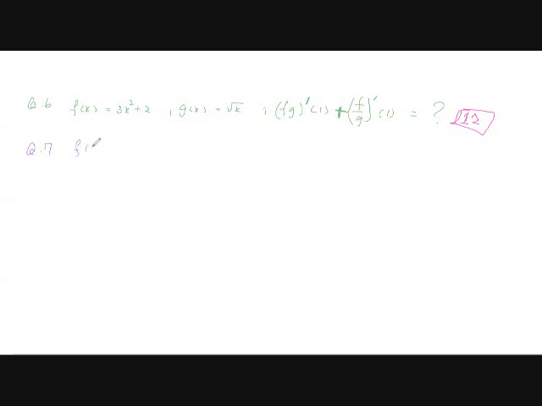Question 7 says f of x equals x squared plus 5x plus 2, and g of x equals (x minus 3) over 2. Then they give function h equals f composite g. So then what do they want to find? Find h' at 5.